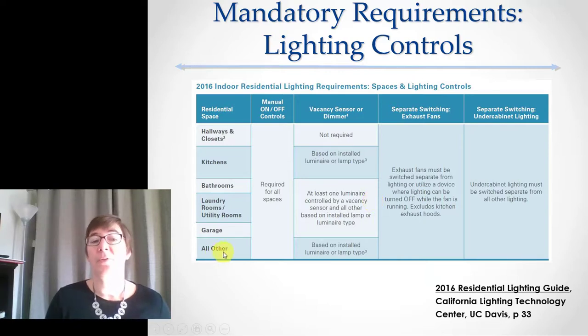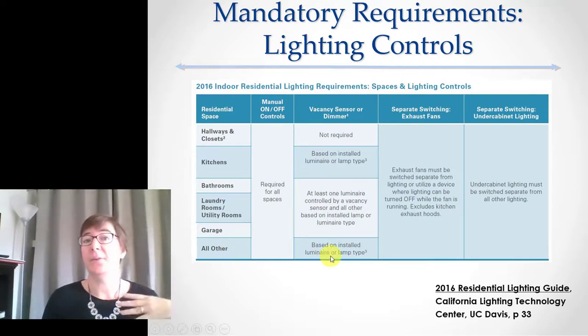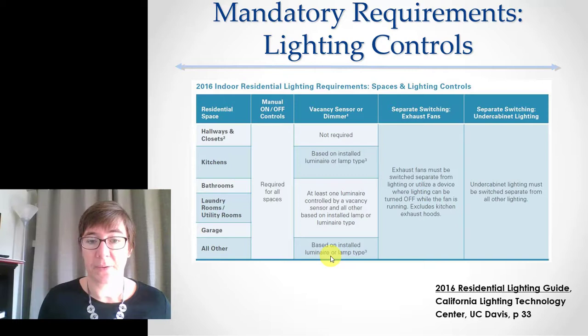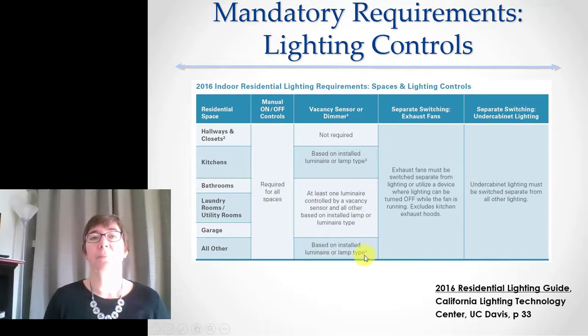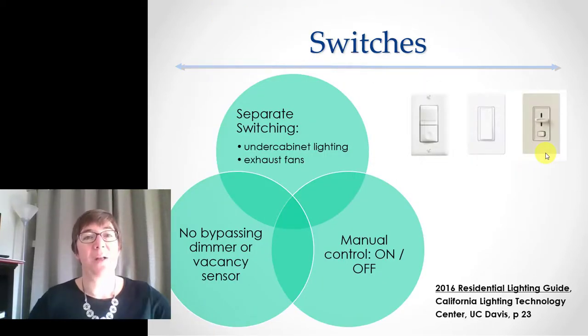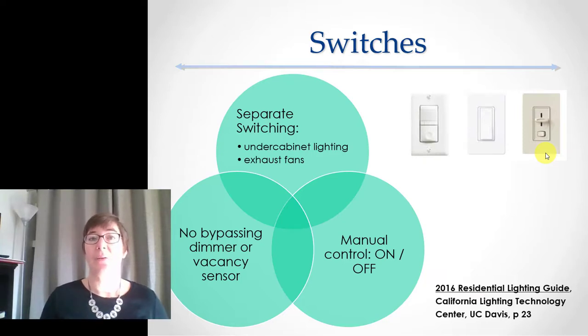Finally, all other rooms, remember this is your bedrooms, living rooms, etc. Like the kitchens, the vacancy sensor is mostly not required. So let's break down those requirements and talk about switches in specific. Here's an example of a couple of different types of switches.